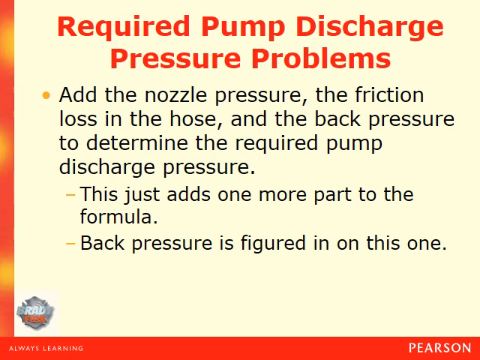So we add the nozzle pressure, friction loss in the hose, and the back pressure to determine the required pump discharge pressure. This just adds one more part to the formula. Back pressure is figured in on this one.